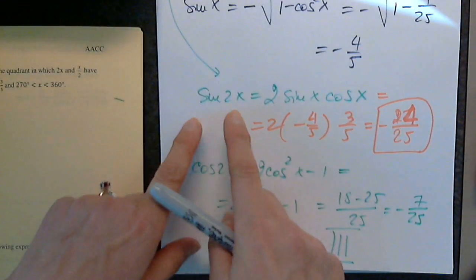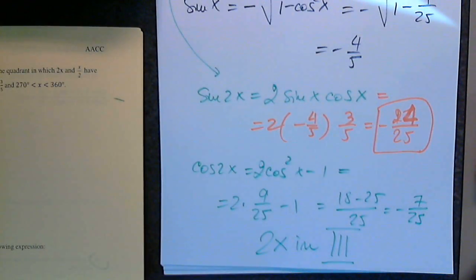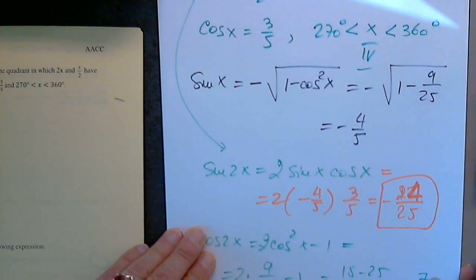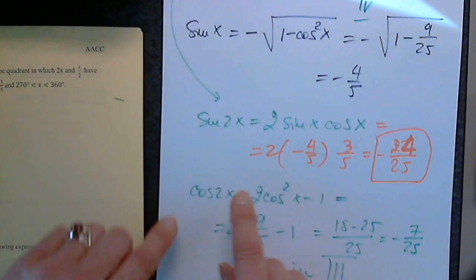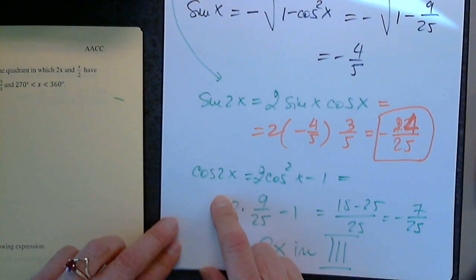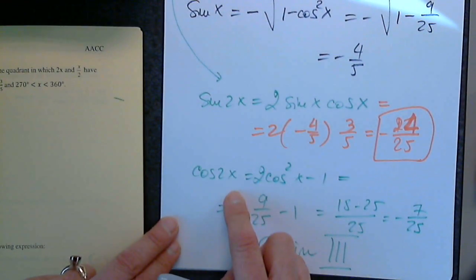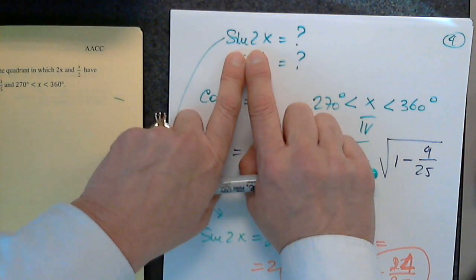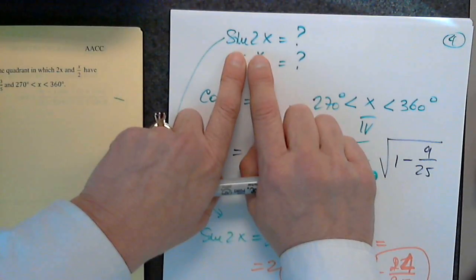We found sine and cosine in order to find the quadrant. Because sine and cosine are both negative, then we know the quadrant.